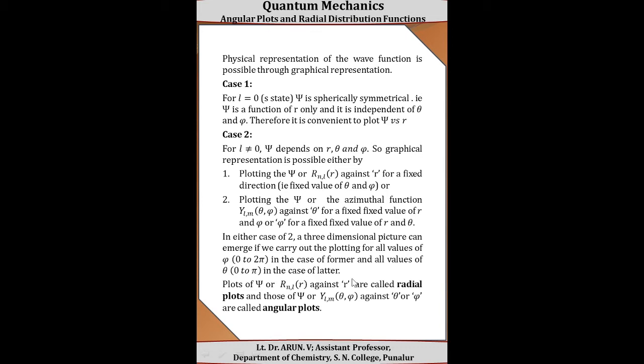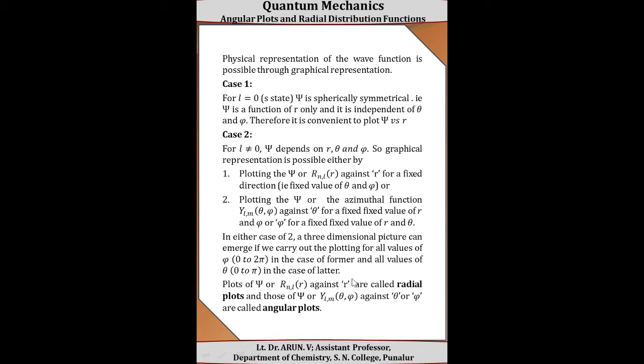In the first case, we plot the wave function R_nl(r) against r for a fixed direction, that is for a fixed value of theta and phi, or plot the azimuthal function Y_lm against theta for a fixed value of r and phi, or plot Y_lm(theta, phi) against phi for a fixed value of r and theta. That is, we plot the angular function against theta or phi for fixed values of the other variables.